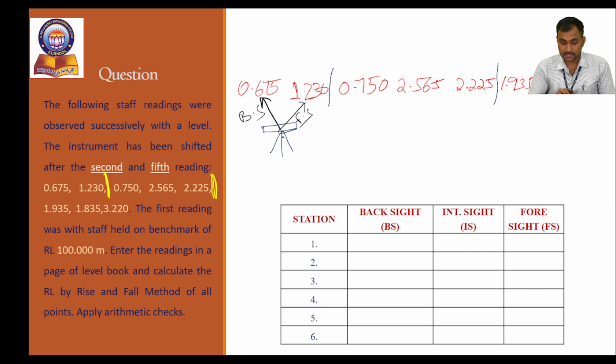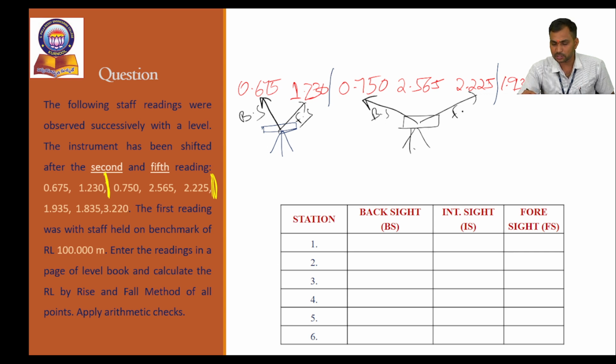Next, the instrument is shifted after the second point. Now I focus on 0.750, which is the backsight. Where is the foresight? 2.225 is the foresight value. In between, what is that in the middle? 2.565, nothing but the intermediate sight, my dear students.